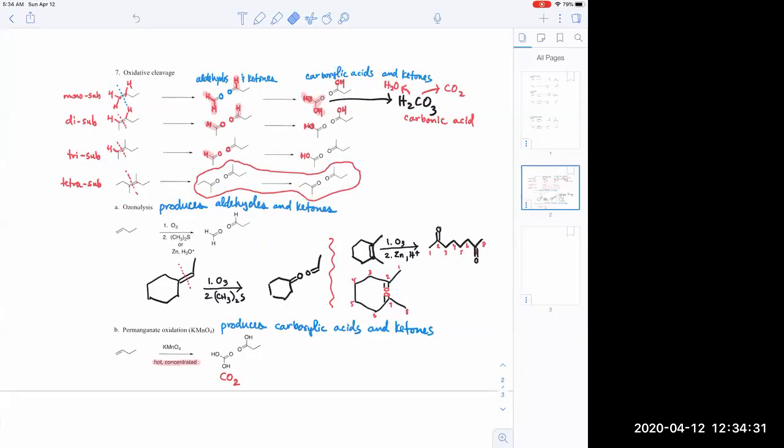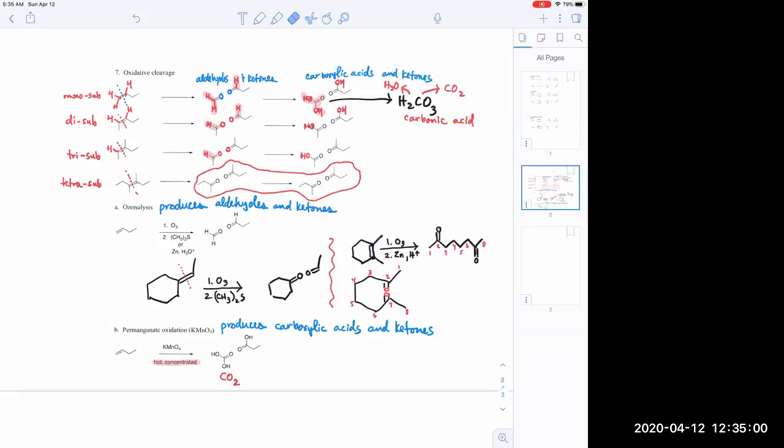If you look back at your notes, you'll see that you could do an oxidative cleavage of an alkene, and you could do it either through ozonolysis or by permanganate oxidation in hot concentrated KMnO4. The products produced if you did an ozonolysis of an alkene were aldehydes and ketones.